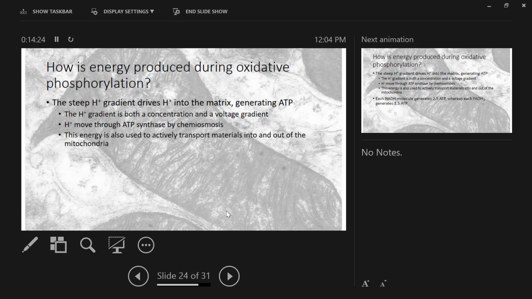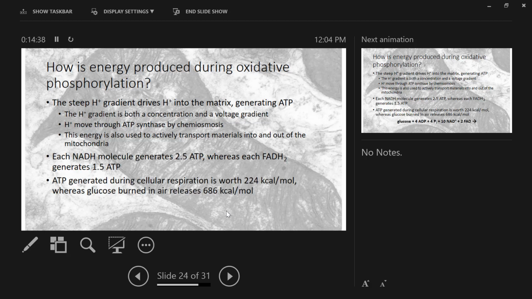And this would make sense that for every diffusion channel, they call it that, that makes the ATP. So every time that one hydrogen ion would diffuse, I think you get 24 ATP.